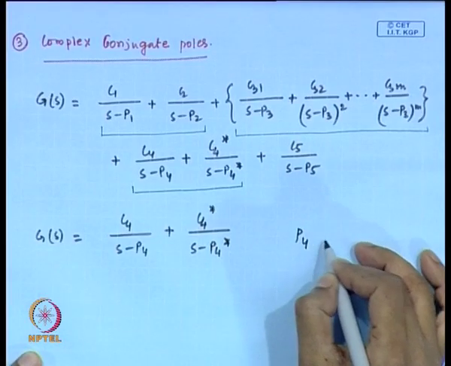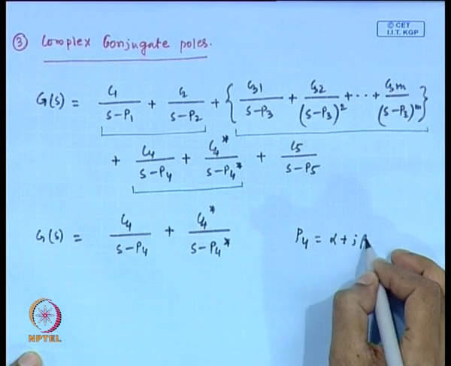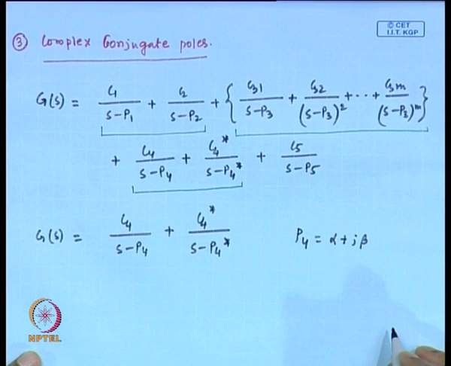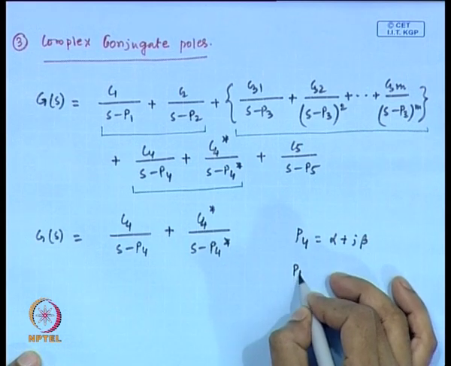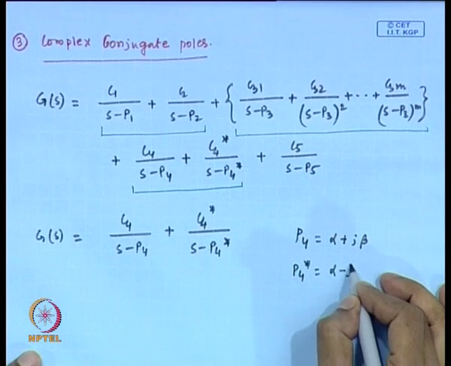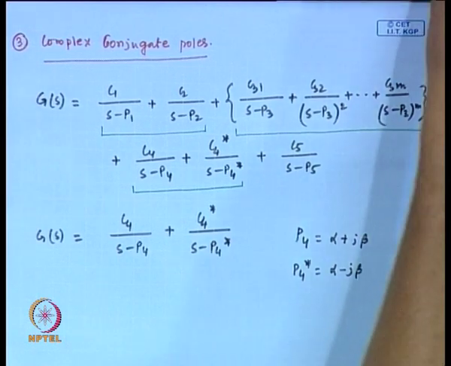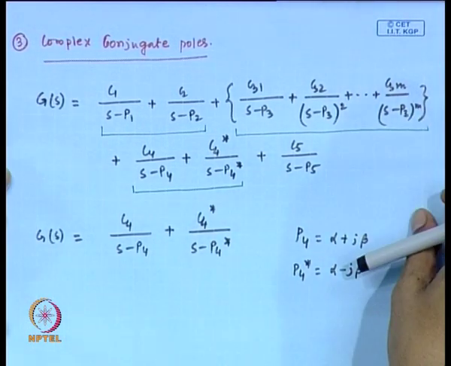So, we will consider P 4 equals alpha plus j beta and P 4 star, that is alpha minus j beta, fine. These are the two complex poles.